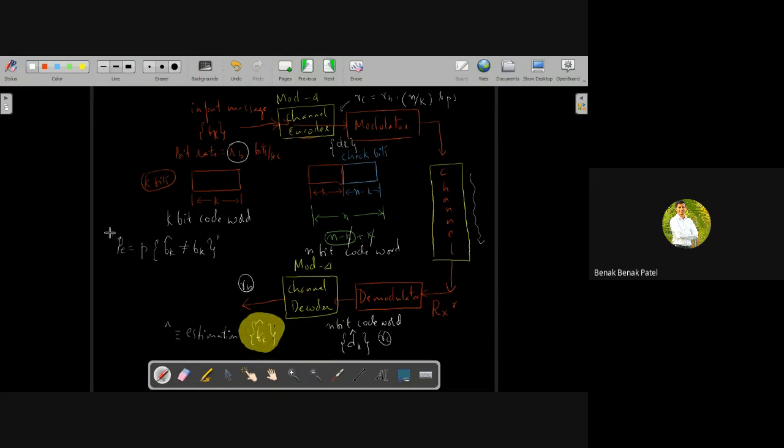Our error control coding always aims to reduce this probability of error as much as possible. We are supposed to employ error controlling techniques so that this probability of error becomes lower than some desired value. This is our main intention.